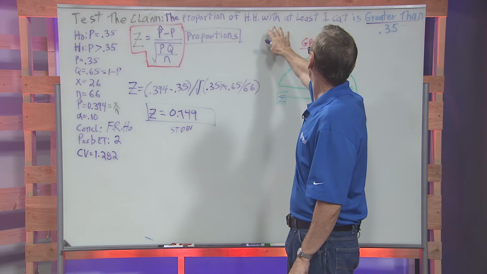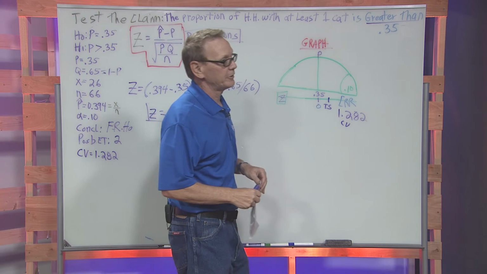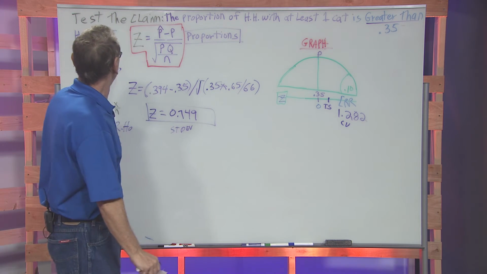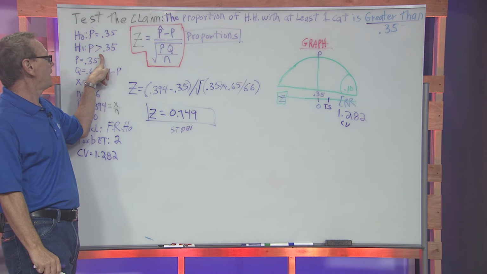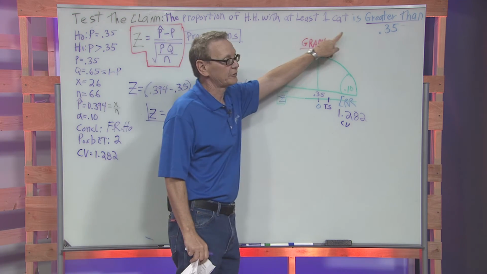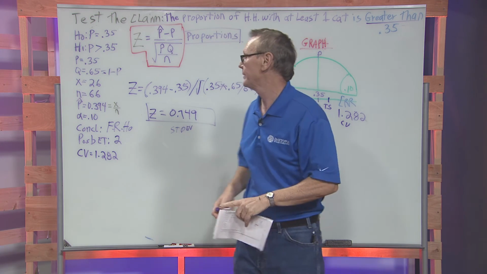So there's not sufficient evidence to support the claim of greater than 0.35. That's the meaning of our conclusion. The alternative is that the proportion of households with one cat is greater than 0.35. We cannot support this claim, because we are not in the rejection region.